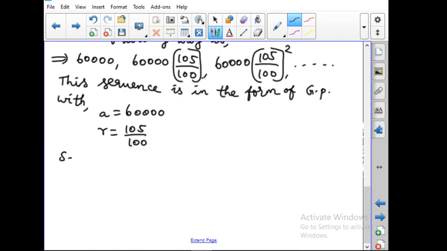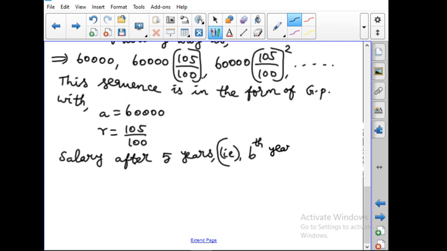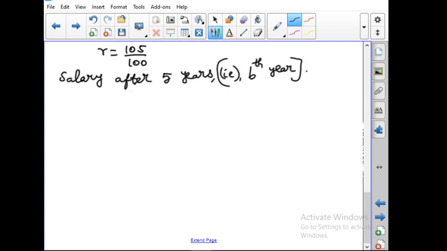So salary after 5 years. After 5 years means that is equal to 6th year. After 5 years means the starting of the 6th year.